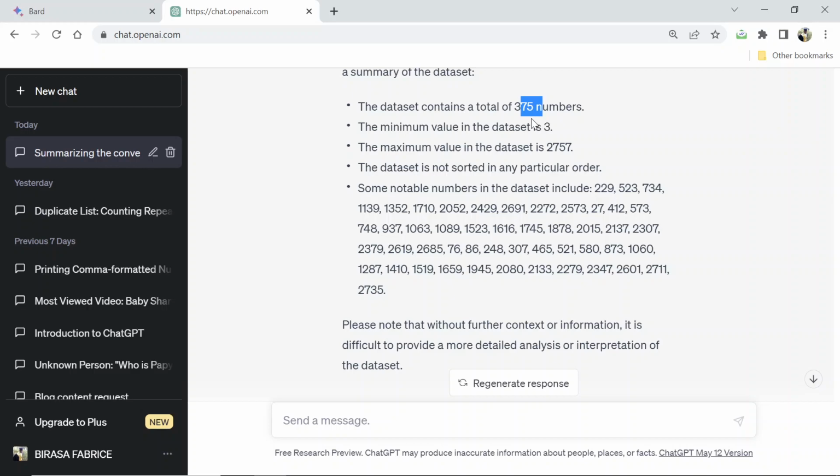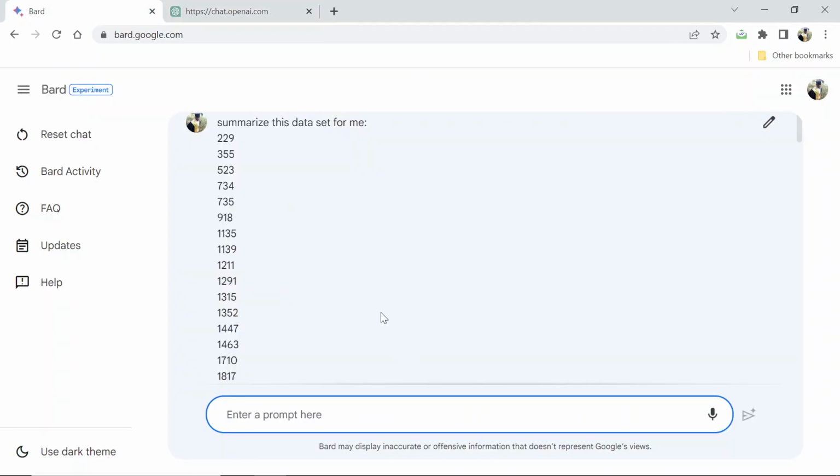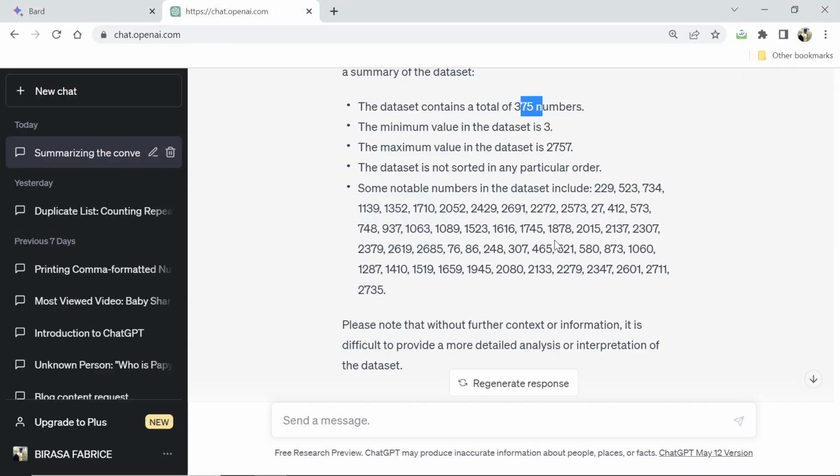My dataset does not contain only these observations. This means ChatGPT has a kind of limitation. There is a certain point where it stops to evaluate my dataset.